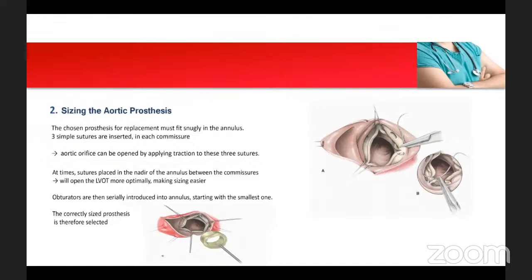At times, a suture placed in the nadir of the annulus between the commissures will open the LVOT more optimally, making the sizing easier. Then we can use the obturator provided by each valve, serially introduced into the annulus, starting with the smallest one first, and then the correct size prosthesis is selected.